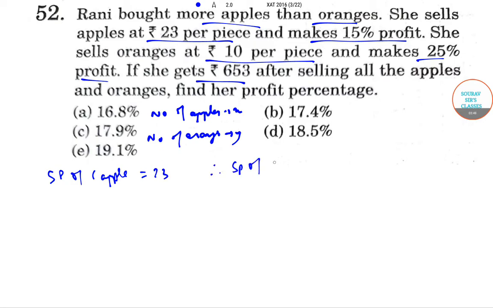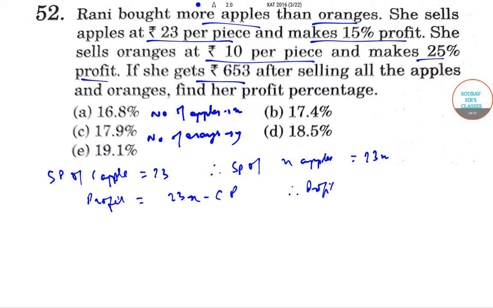Therefore SP of X apples is equal to 23x, and profit is equal to 23x minus CP.